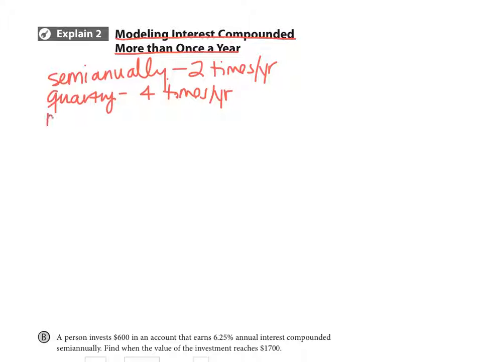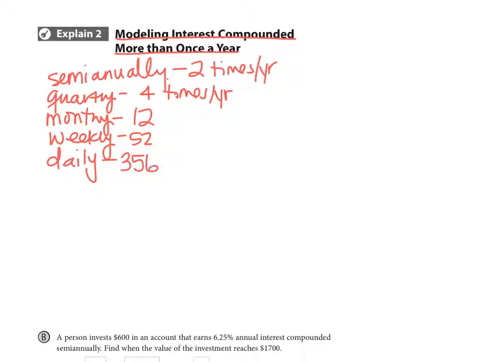Or you could have monthly, which would be 12 times. Or we could have weekly, which is going to be 52, or you could have daily. This could keep going. You can say however many times you want to compound. And then we're going to talk about one more after this.